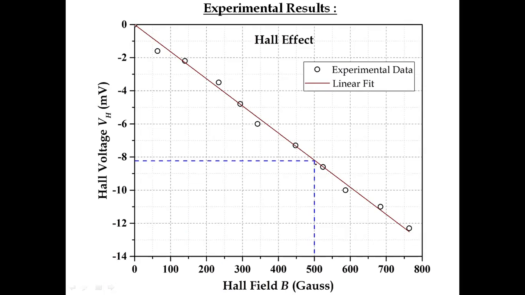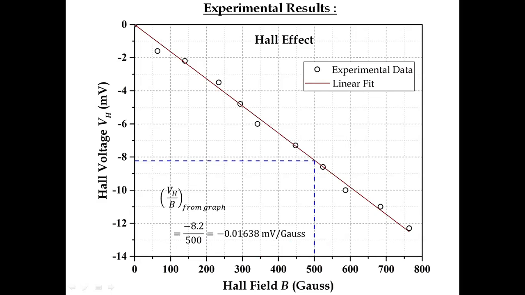From the graph, from this straight line, we can estimate what will be the value of VH for this value of B. So we are not estimating VH by B from our data set. We are determining VH for a particular value of B from the graph.